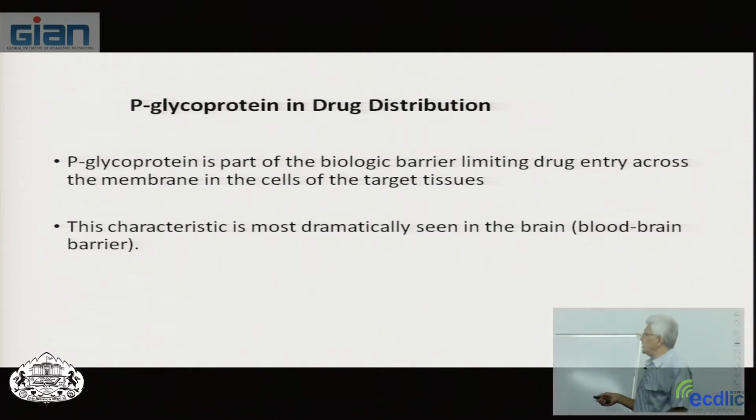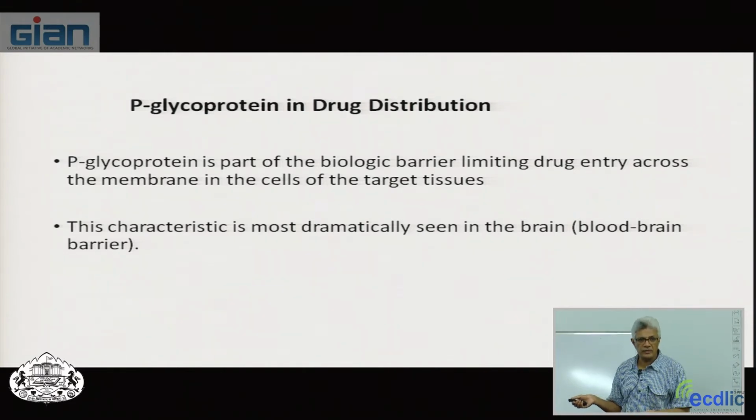So P-glycoprotein is part of the biological barrier, limiting drug entry across membranes in the cells of the target tissues. And as we saw, the target tissues are intestine, liver, kidney, and blood-brain barrier. Those are the four. And one of them, this is what you see dramatically in the blood-brain barrier.